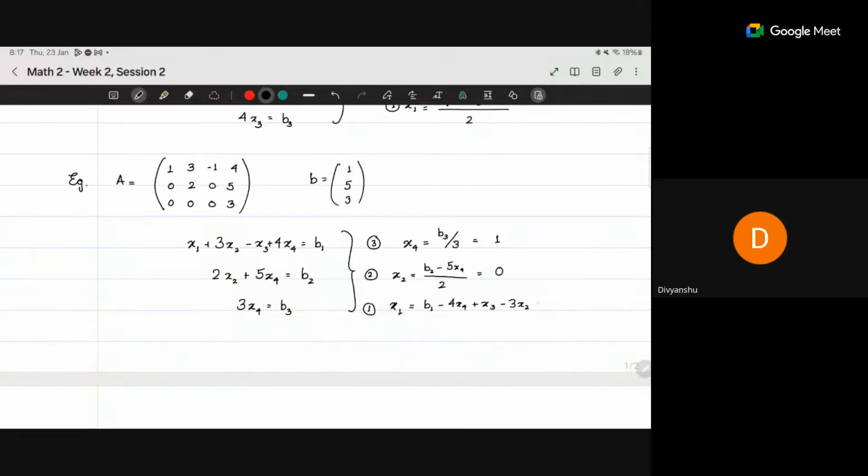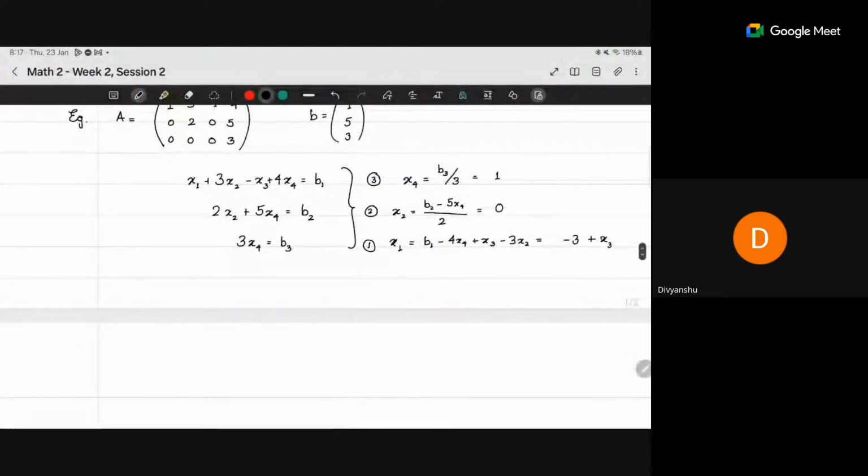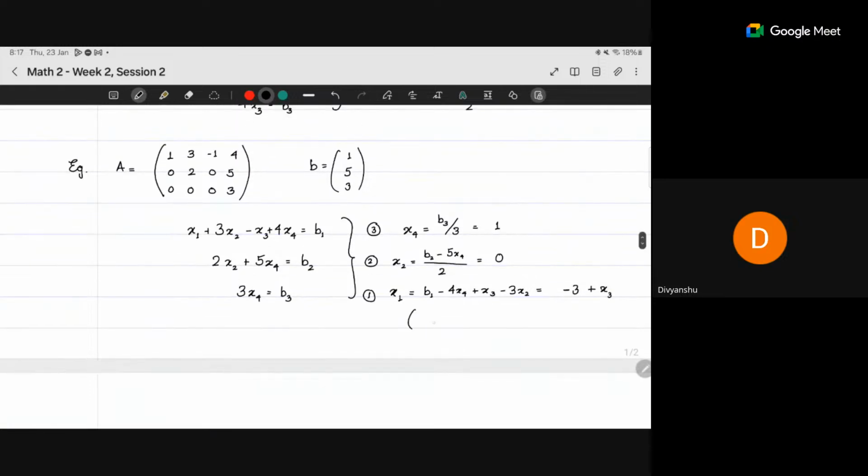Now b1 is 1, minus 1 minus 4x4 plus x3, see, this is just minus 3. Now the general solution to this system of equations will be of the form minus 3 plus x3, 0, x3, 1/3.